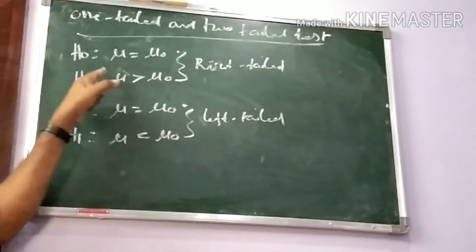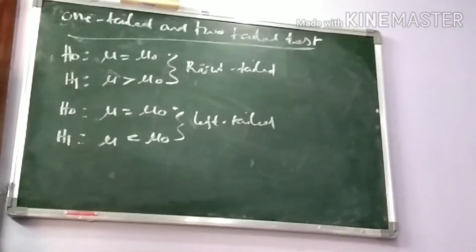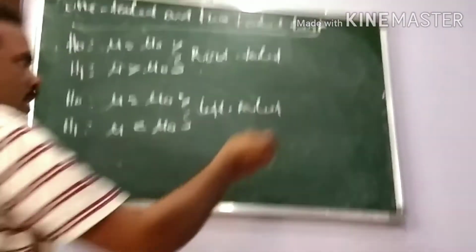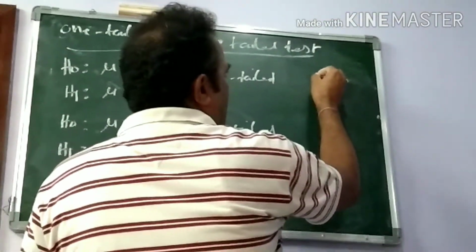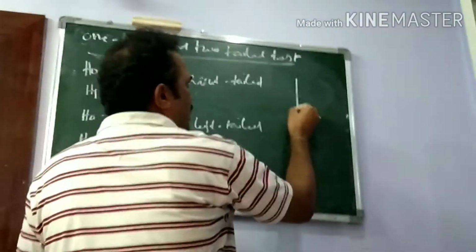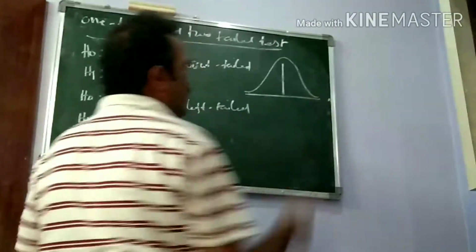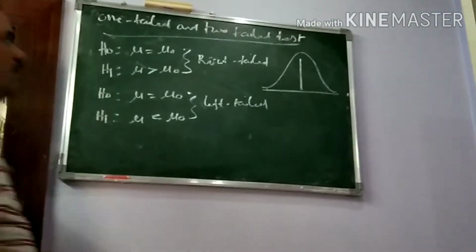For the right-tailed and left-tailed tests, we will identify the graph also. Here we consider the normal curve, which everybody knows.